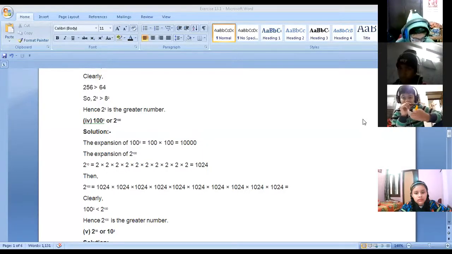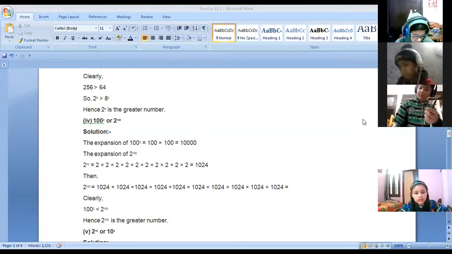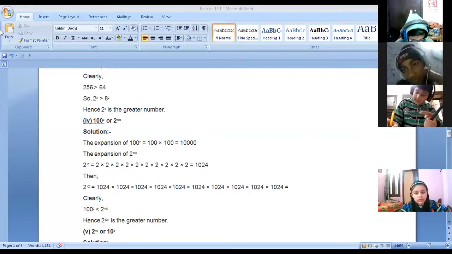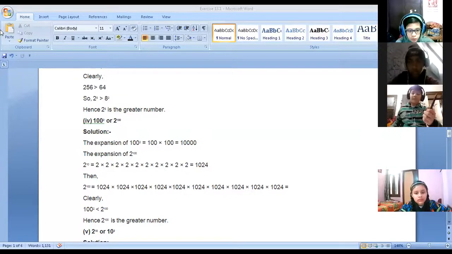The last part, the fifth part, is your homework. So we'll be doing question number 5 onwards from tomorrow. 5, 6, 7, 8. We'll be completing 4 questions tomorrow, and we'll complete this exercise 13.1.